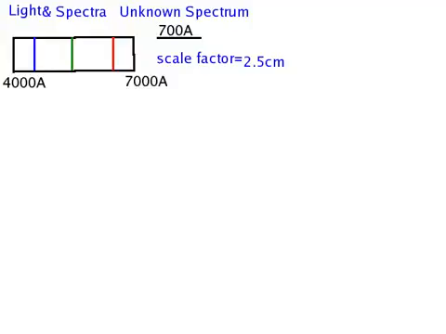Okay, and so the scale factor, let me put that down here. We just say A since I used some other numbers for the previous slide if you have already written something down. So the scale factor would be the 700 angstrom divided by 2.5 centimeters.